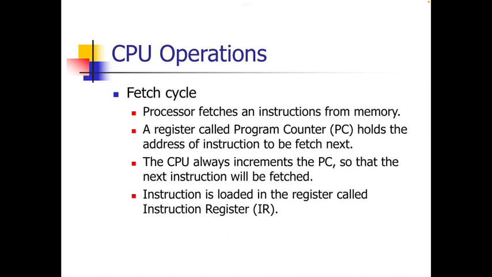So we have a special register called the PC that holds the address of the instruction. If you still remember, let's say this is our memory. We refer to the memory through the address that we have. So when the processor gets the instruction from memory, the PC holds the address for the next one. That's why we call it a cycle.